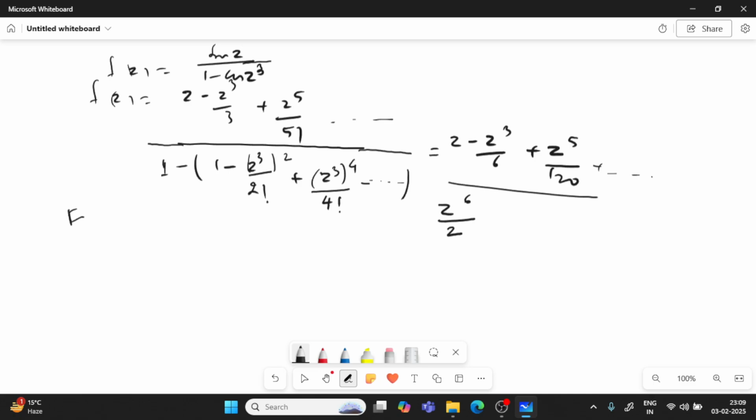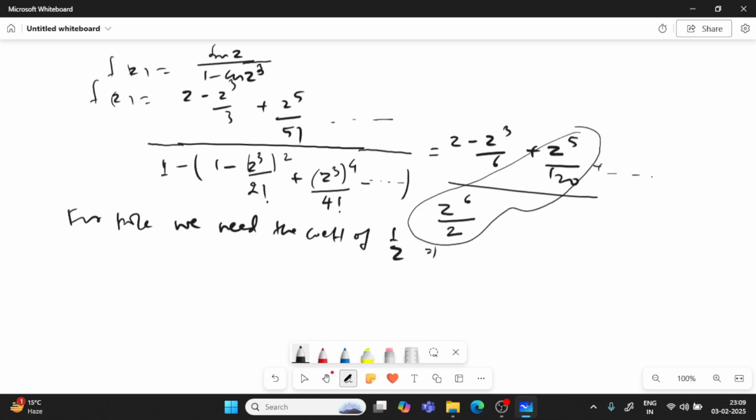So for the pole, we need the coefficient of 1 by z. One can easily see you will get 1 by z from here. And what is the residue? What is the coefficient of 1 by z? One can easily see it would be z^5 upon 120 into 2 upon z^6.